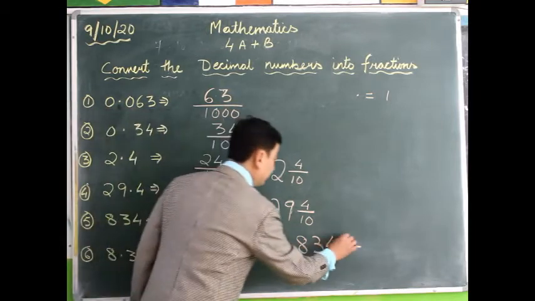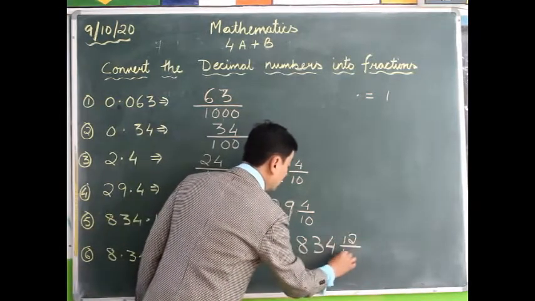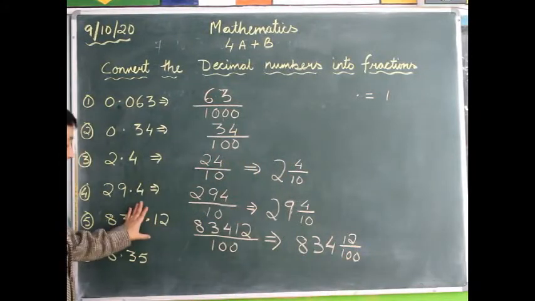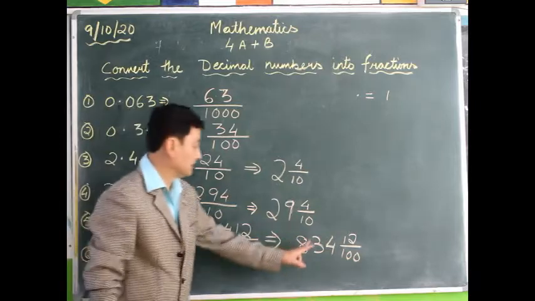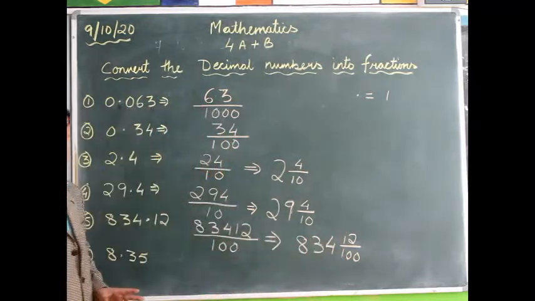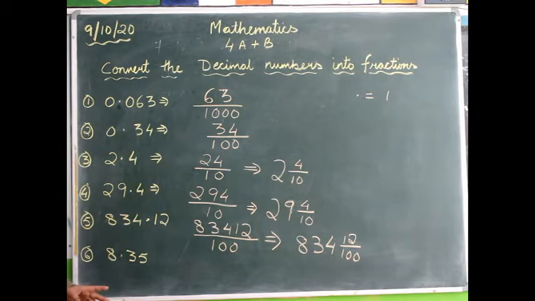But let's write 12 first. 12 upon 1 0 0. Even if you read this, it is 12 hundredths. So 834 and 12 hundredths, or 834 and 12 upon 100.